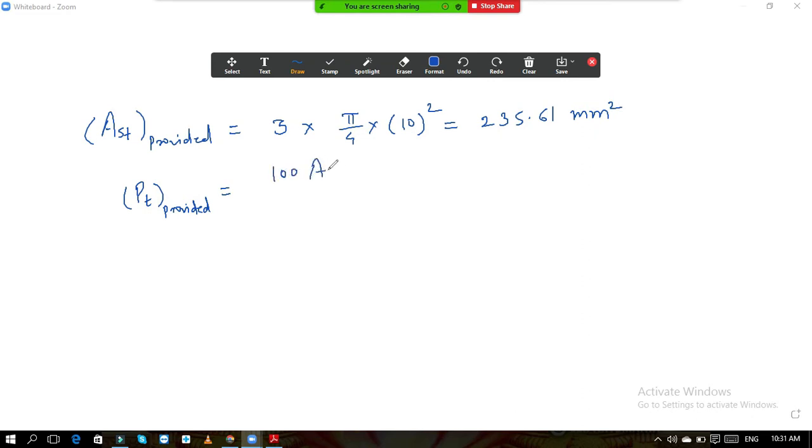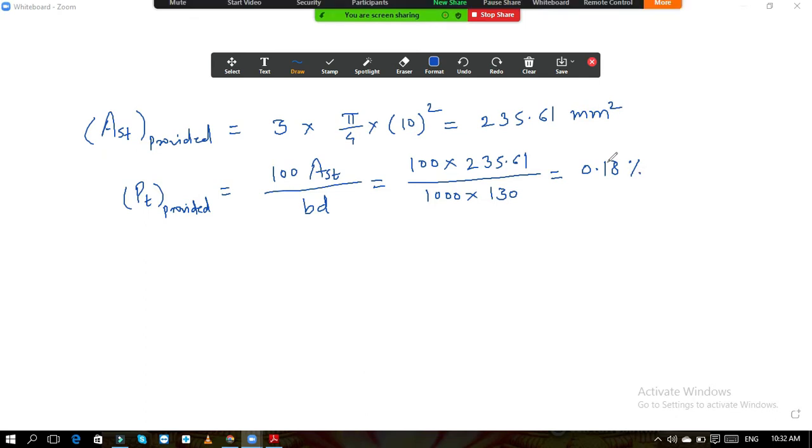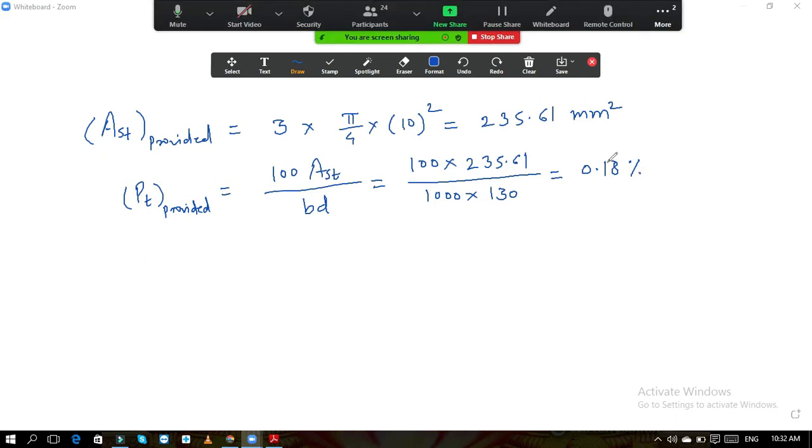The formula is 100 Ast divided by bd, which is equal to 100 into Ast provided, 235.61, divided by b is 1000 into d is 130. This value works out to be 0.18%.